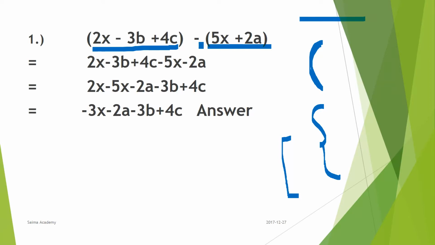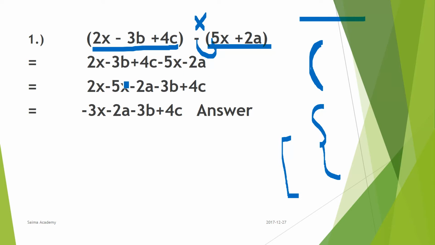Then come here, we have to multiply with the minus sign, and there is no sign between this minus and this parenthesis, so it means this is multiplication. We have to multiply, and when you multiply with minus, all the signs inside the parenthesis will change. If this 5 has a plus, so plus times minus is minus 5x, and this is plus, so plus times minus is minus 2a.